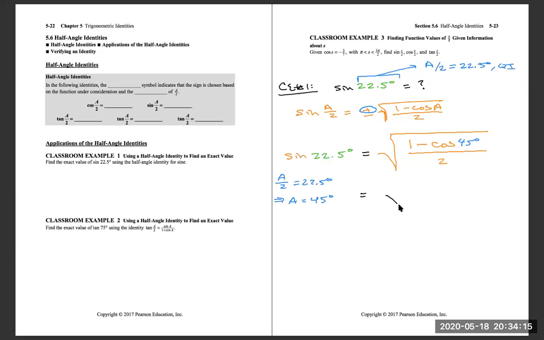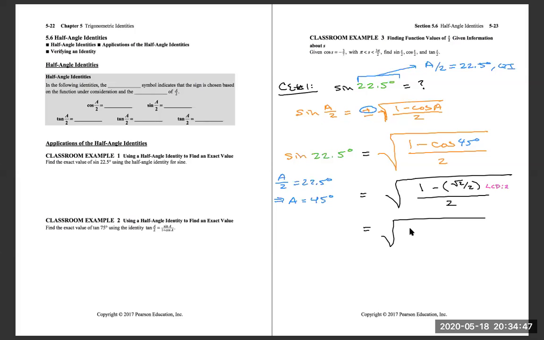So then we just solve that out. 1 minus cosine 45 degrees is 1 minus root 2 over 2. Then divide all that by 2 under the radical sign. You're going to want to get an LCD for this numerator here. LCD is going to be 2. So you have your square root.